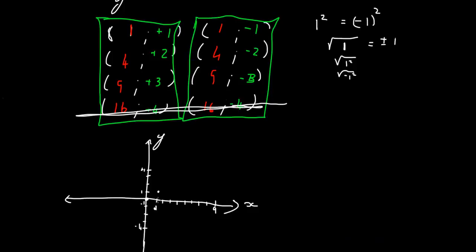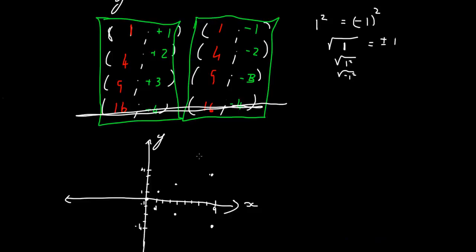Then we've got 9 and plus 3 and 9 and minus 3. There we go. We've drawn in our ordered pairs.